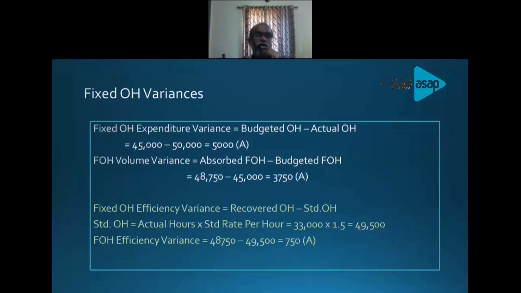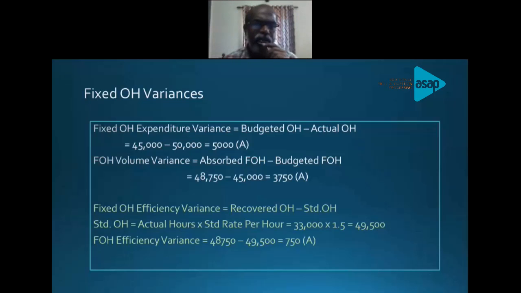Another one is fixed overhead volume variance. The equations are the same as with the variable overheads: absorbed fixed overhead minus budgeted fixed overhead. Absorbed fixed overhead we have calculated as 48,750.